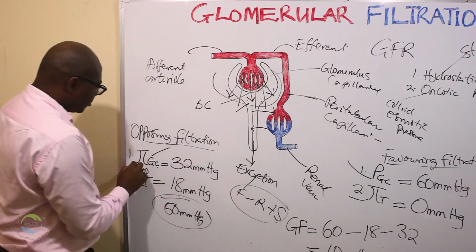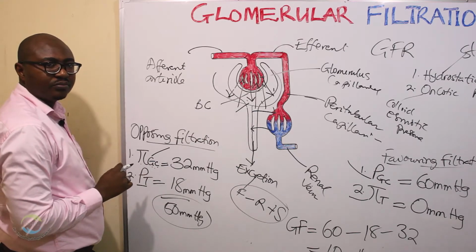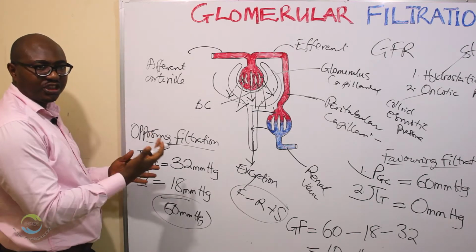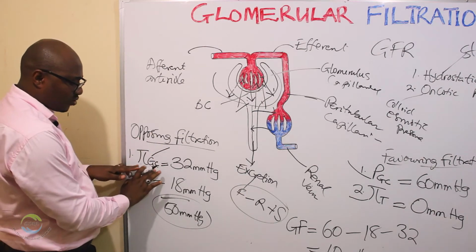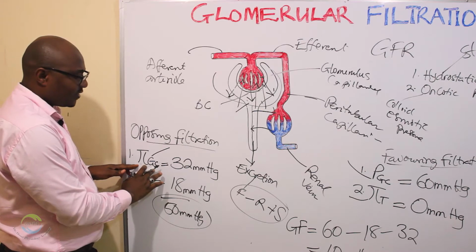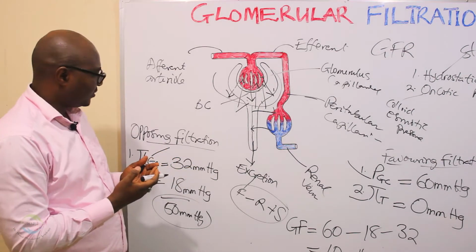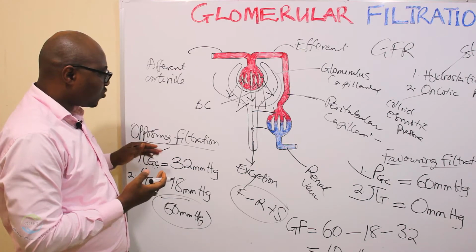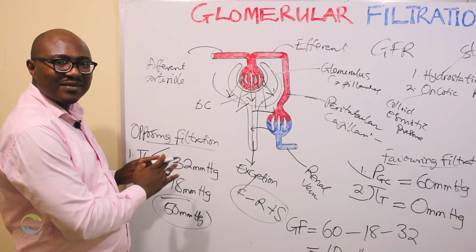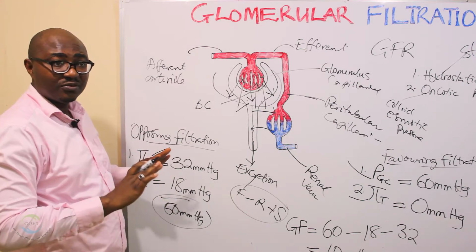So now, glomerular capillary oncotic pressure. What do you think can change it? Remember that it's caused by plasma proteins. Okay? So when there is little plasma protein, it opposes it. So the less the plasma proteins you have, the more it favors filtration.